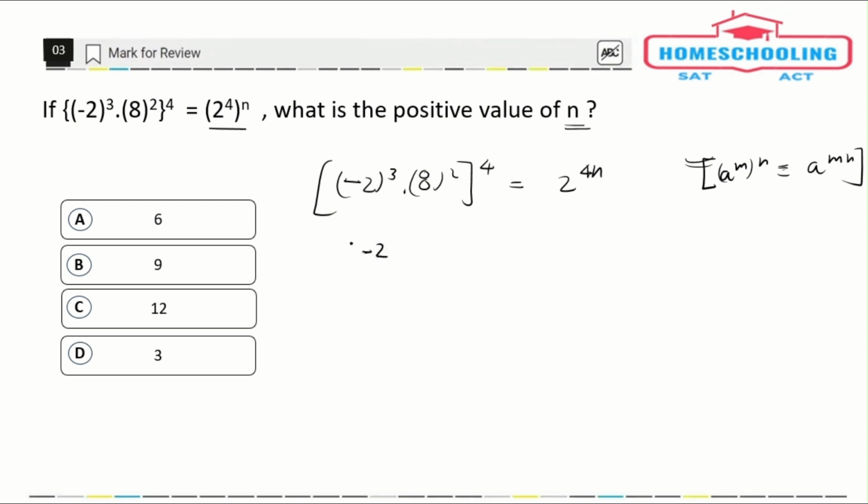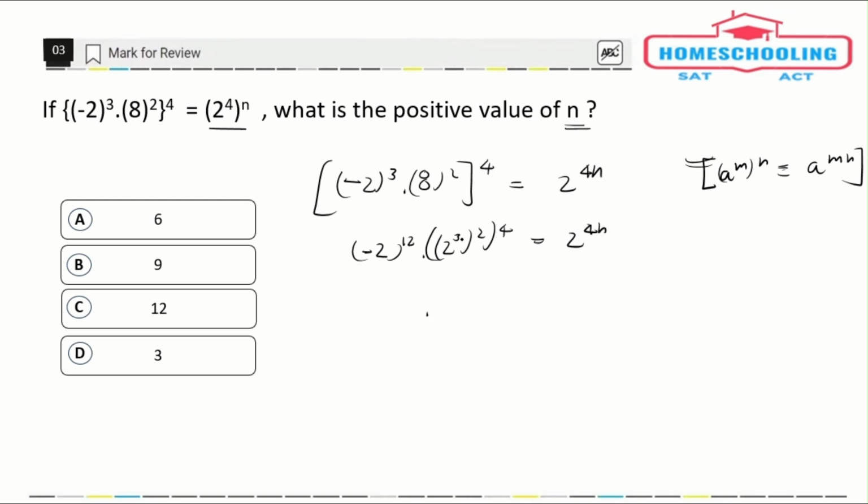So minus 2 and 3 into 4, that would be 12. Similarly, 8 can be written as 2 cube into 2 into 4, and this is equal to 2 to the power 4n.